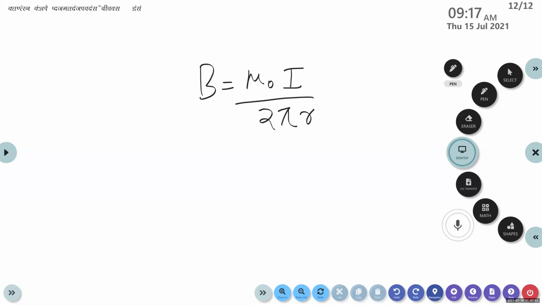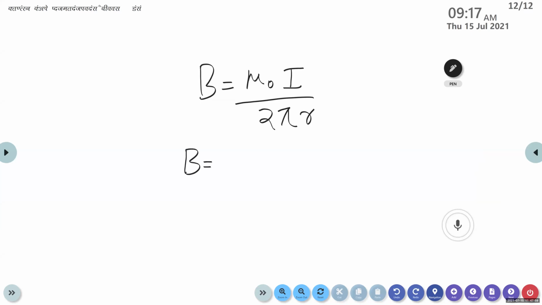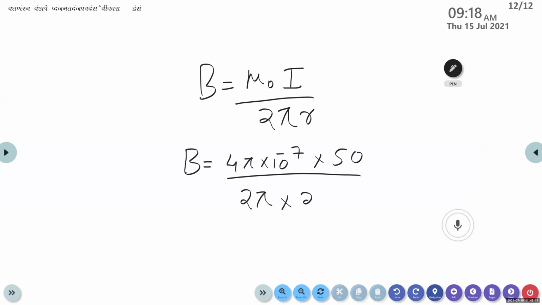So the equation is B is equal to mu 0 I divided by 2 pi r. Here we have mu 0 as 4 pi into 10 raised to minus 7, the current passing through this wire is 50, divided by 2 pi into the distance between the point and the conductor, which is 2.5 meter. Here we don't need to convert it, it is already given in meter.